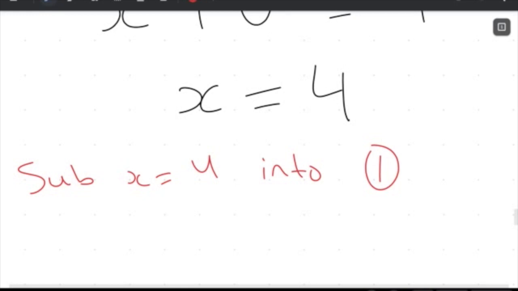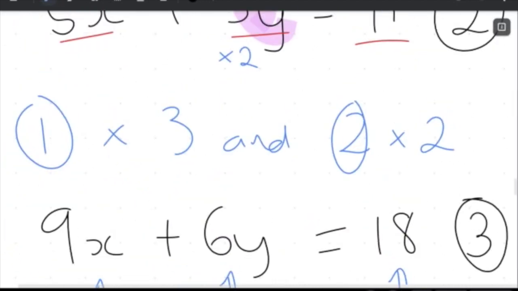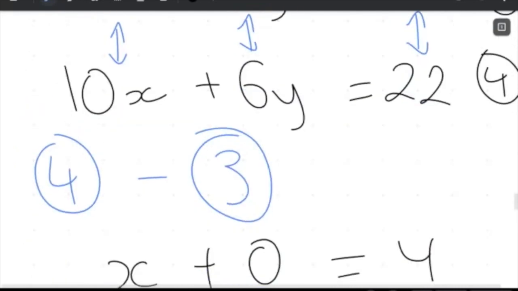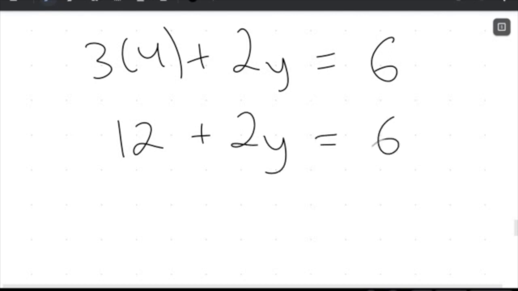So I'm going to get 3x, or 3 times 4, plus 2y equals 6. Let's see if I've just done that correctly. Perfect. So 3 times 4, that gives me 12, plus 2y equals 6.